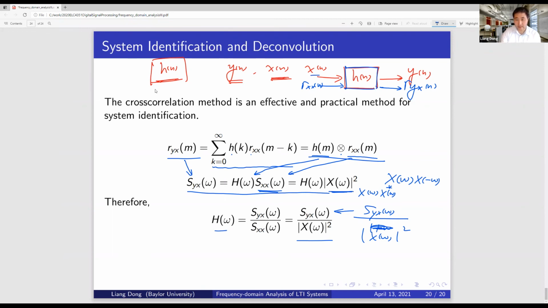We have Xn giving Yn, but Xn itself can be a long stream of signal, and in a sense, it can be random. Yn is also random. Now, how can you use a portion of X and a portion of Y to design the optimal filter Hn that can work for all future X?